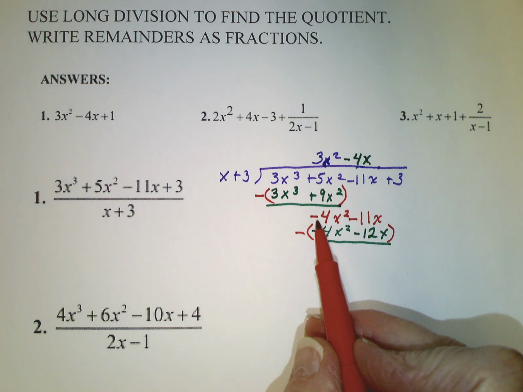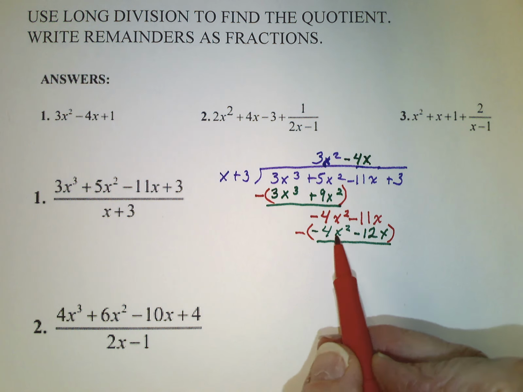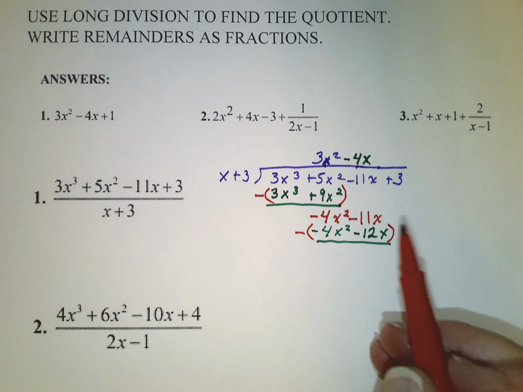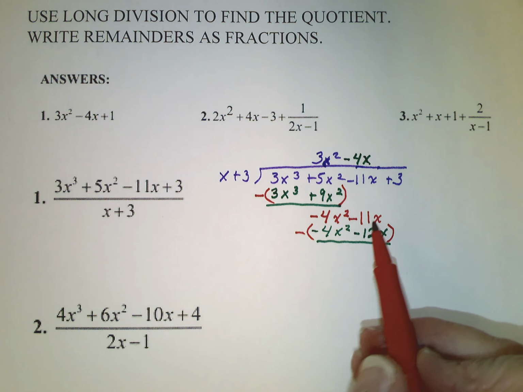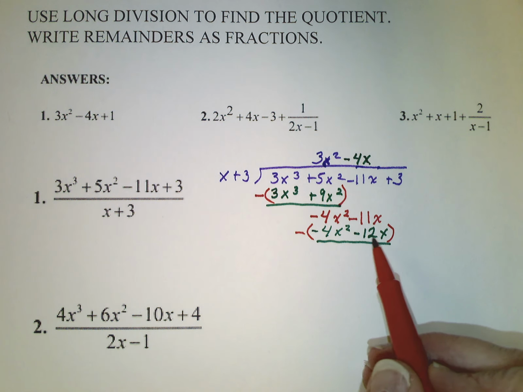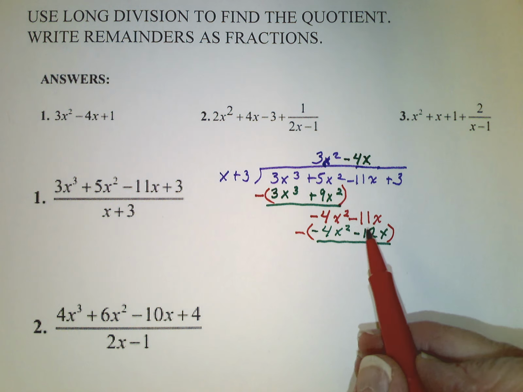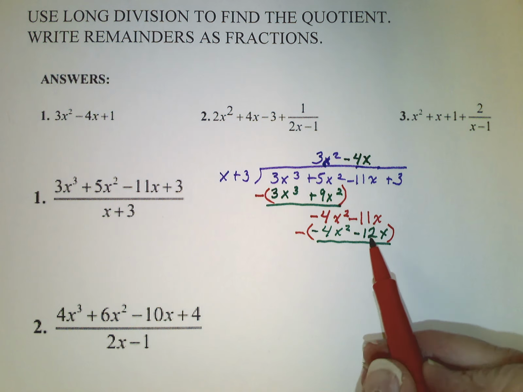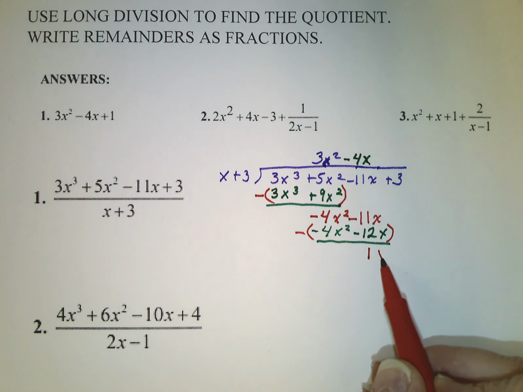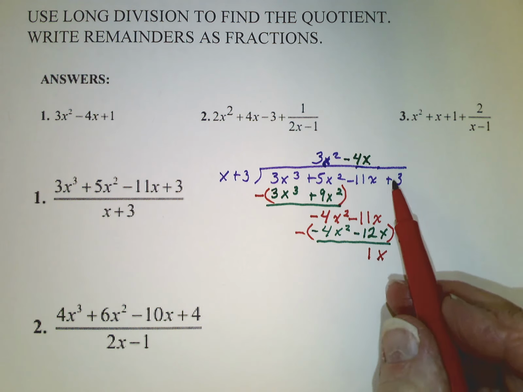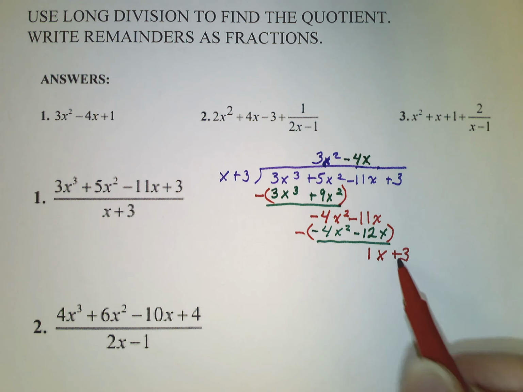Negative 4x squared subtract a negative 4x squared, that's going to zero out. Negative 11x subtract a negative 12x is negative 11x plus 12x. This is just going to be 1x. Bring down the plus 3.